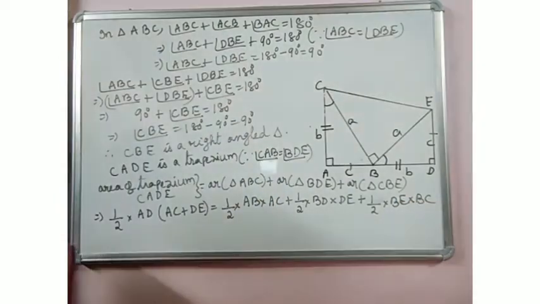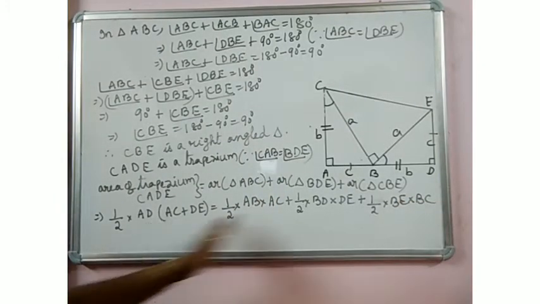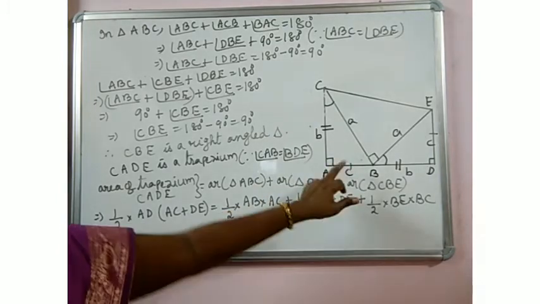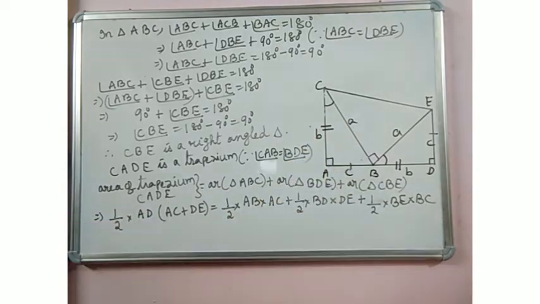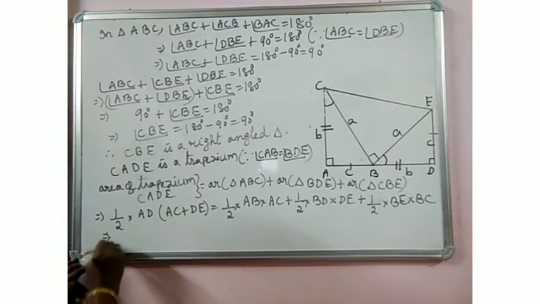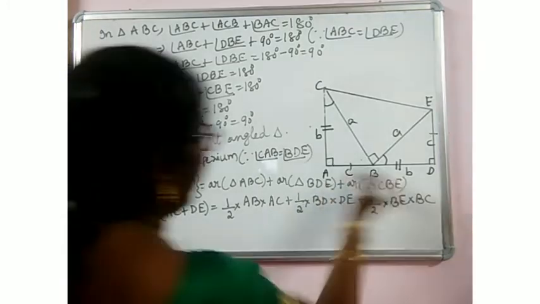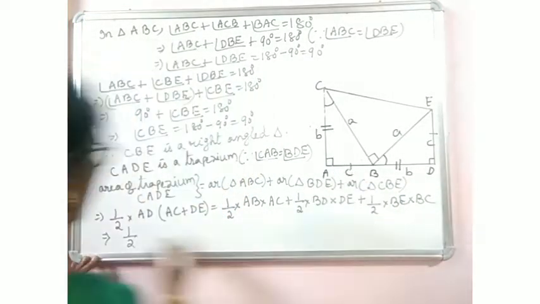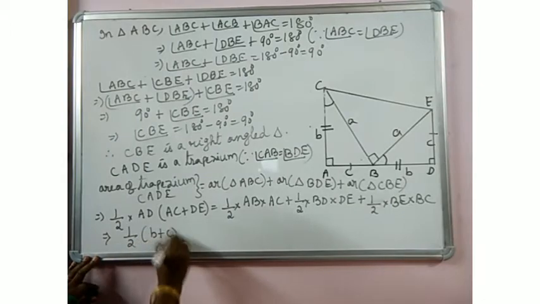Now let us substitute all these in terms of a, b, c. Okay, that implies half AD means b plus c, small b plus small c.